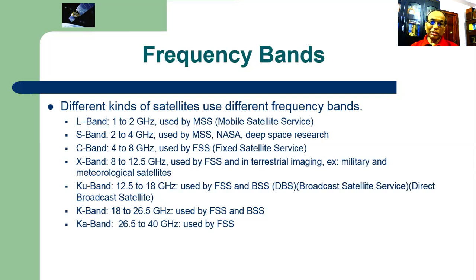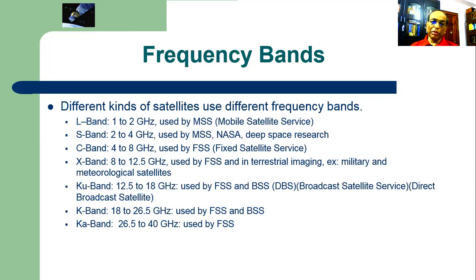X band starts at 8 gigahertz and ends at 12.5 gigahertz, used for FSS, again the fixed satellite service, and in terrestrial imaging, which is usually used by the militaries and also by the meteorological satellites.